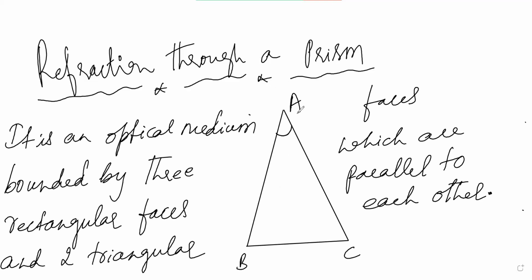Yes. So here AB and AC are the two refracting faces. BC is the base of the prism and A is the angle of the prism. Clear? Here optical medium is the medium where the light can pass through it. So basically prism is made up of glass. Let me redraw the prism diagram.